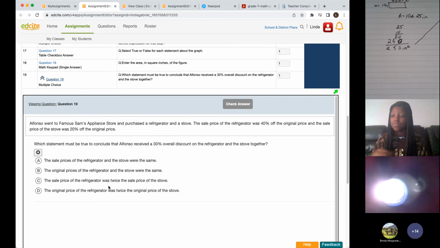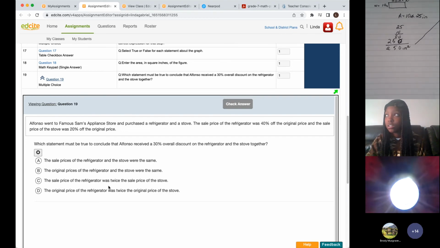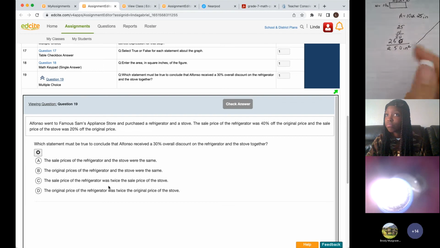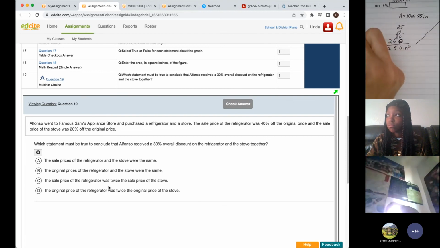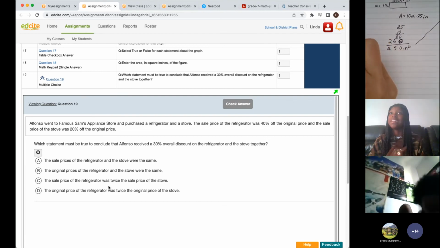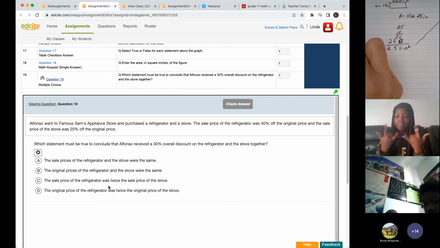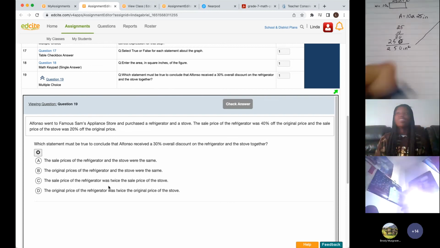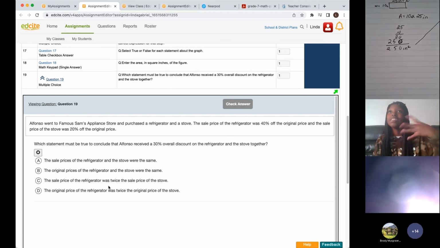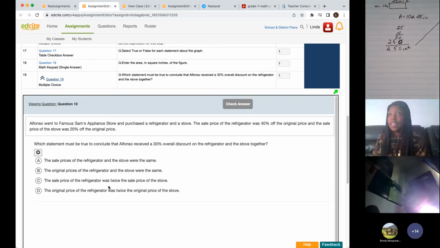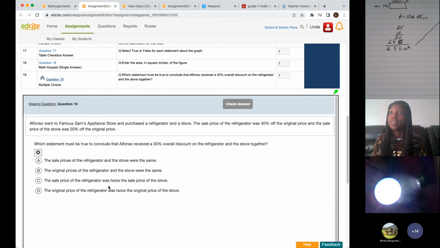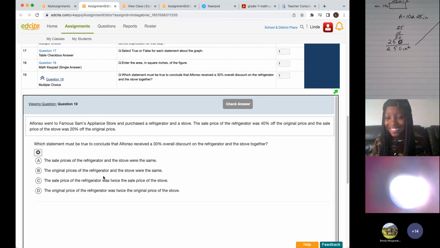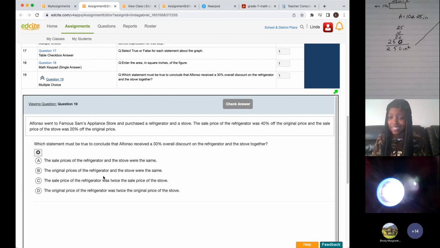We talked about this a little bit when we were doing the iReady practice test. Question number 19. So we need to find the relationship that we can make, and we are going to make an inequality to figure this out.